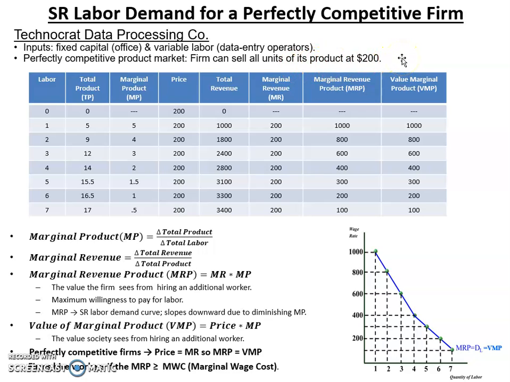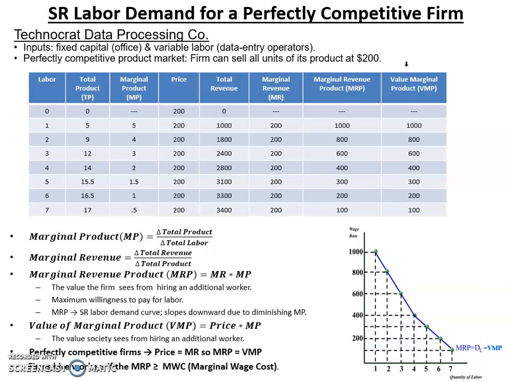Perfectly competitive product markets mean there's a lot of other firms producing the same product, and as a result, no single firm gets to determine the price they can sell the good for. The market as a whole determines the price. So in this case, all the processing companies combined end up creating a market price of $200, and then each individual firm must take that price.